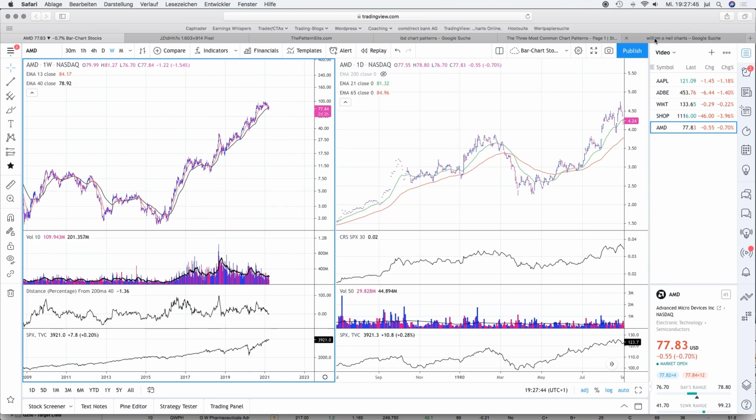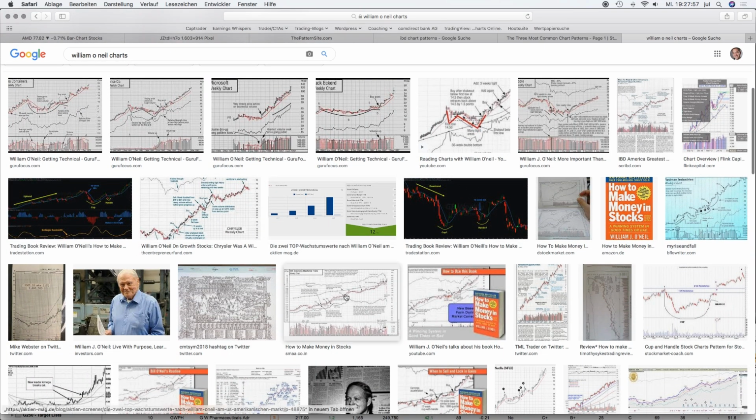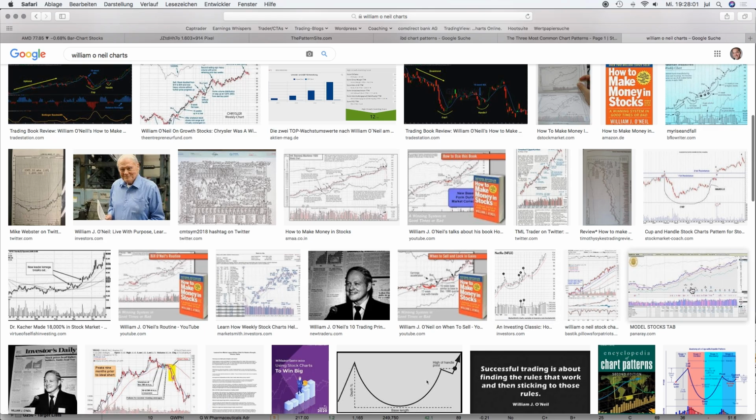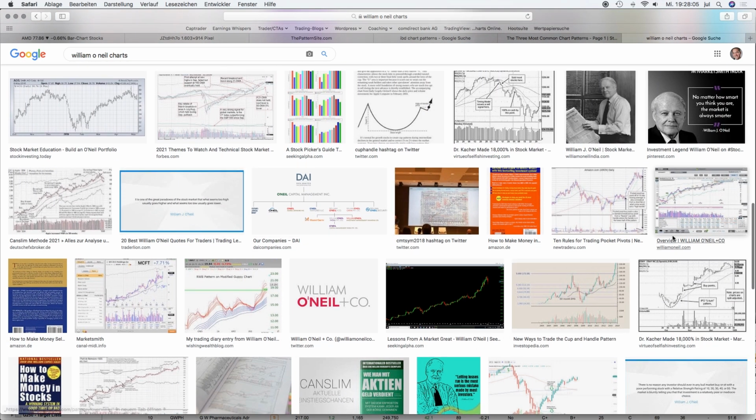to Google for charts. And I do that with very simple search terms. So for example, when you type in William O'Neill charts, you get a lot of pictures here from websites where you can see a lot of stocks and a lot of companies, and sometimes also delisted companies.